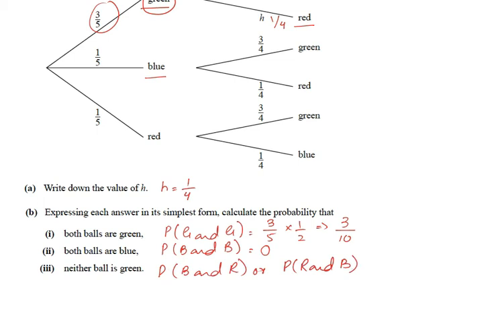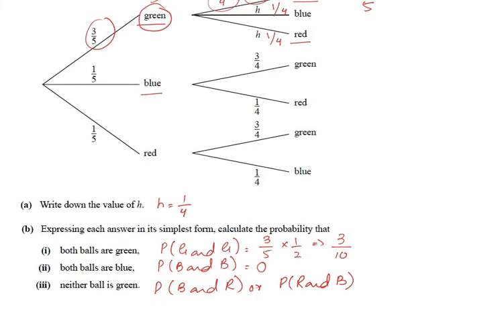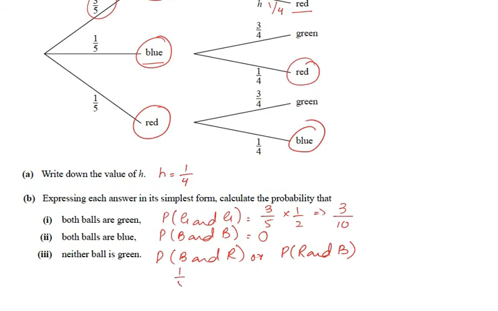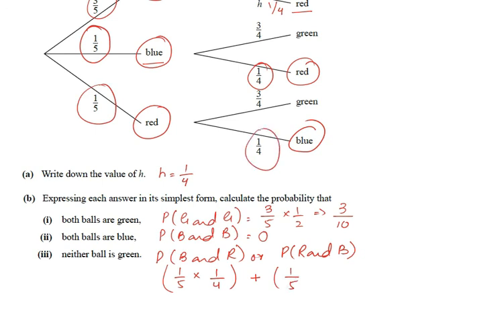So if we write these probabilities from the tree diagram, blue and red is 1 upon 5 multiplied by 1 upon 4, and then plus, for red and blue it's 1 upon 5 and then 1 upon 4.